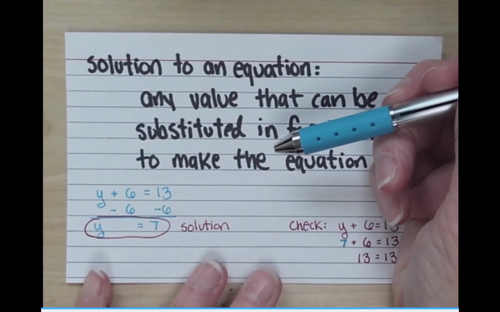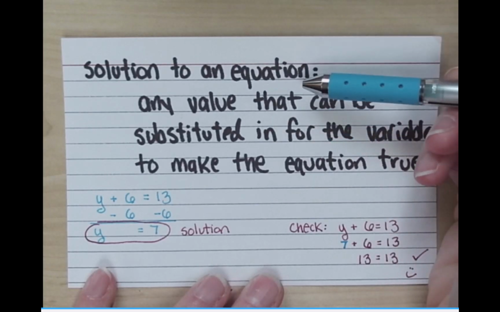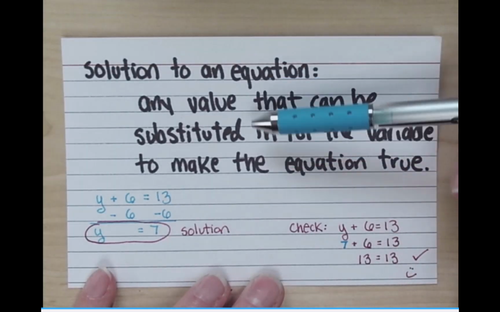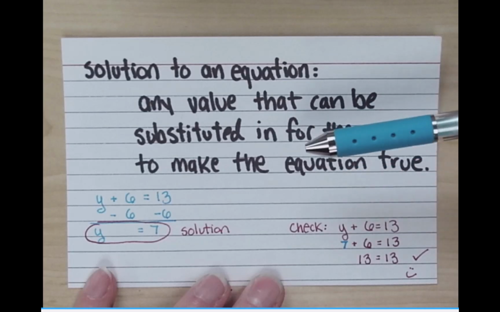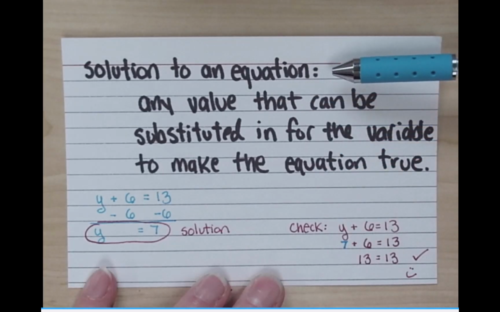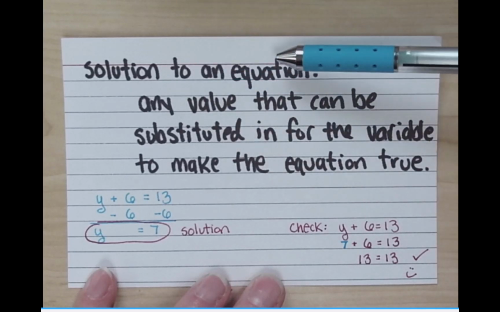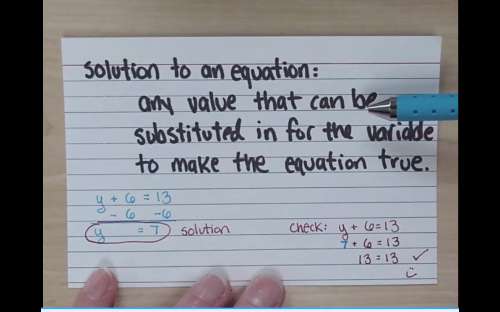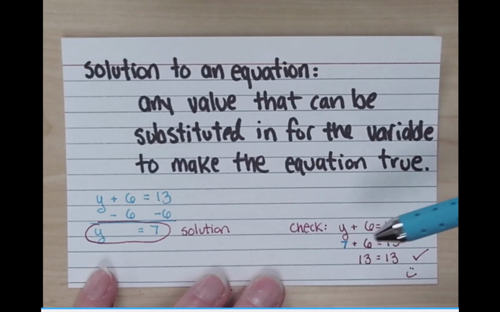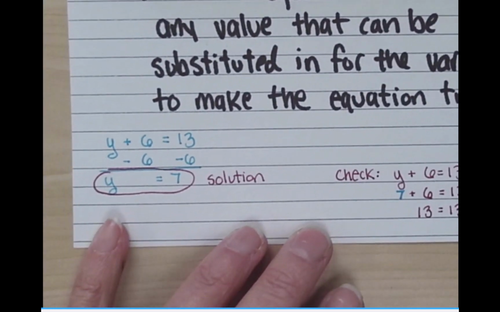Before we get started with the notes about solutions, I want to review what you've done in previous years. You've solved equations before, but they just had one variable. And you know that the solution to an equation is any value that can be substituted in for that variable that'll make the equation true. Let me remind you of what we mean here.